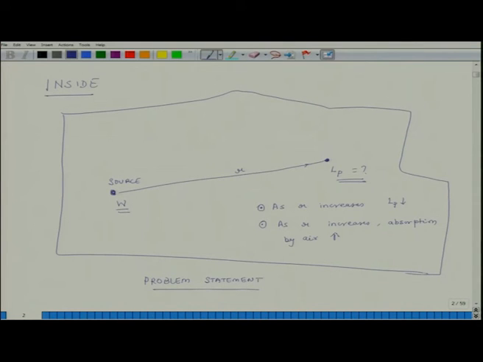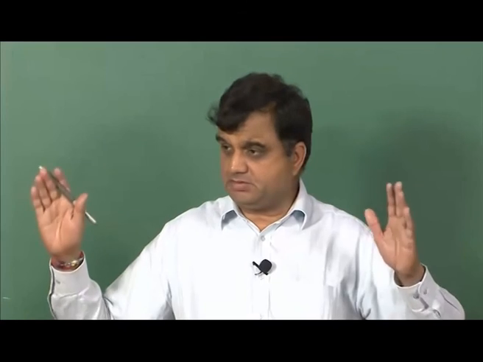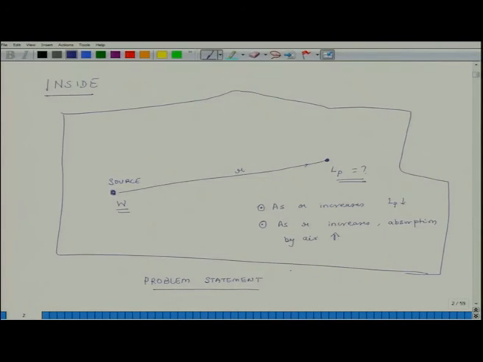So, when you are going away from the source, even if air did not absorb any sound, even then the sound pressure level will go down, and in case air absorbs, then sound pressure will go down even faster. So, that is the second thing.